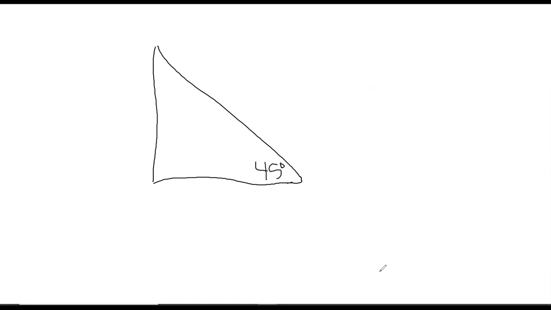The sine is opposite over hypotenuse. How am I, what? Don't use my calculator. The sine of 45 degrees. Opposite over hypotenuse. What do we do? Do we know the measures of any of these sides? They didn't tell us.